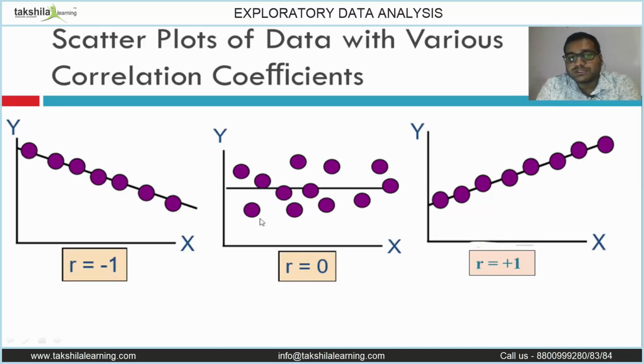In the second, where r is 0, the correlation is 0, the data is spread out, and the line is not a fit for it, so you can't say the linear relationship is strong. On the right side, we have r equal to +1. Here the linear relationship is very strong and the slope of the line is in the positive direction. This is how we can conclude the scatter plot with the correlation coefficient.